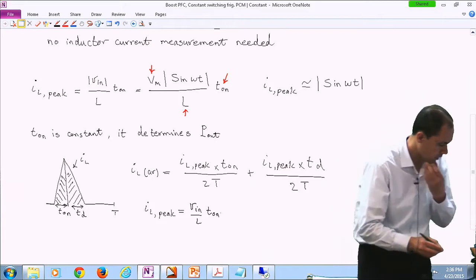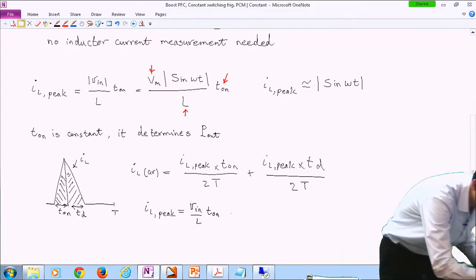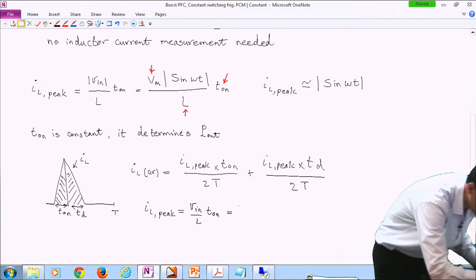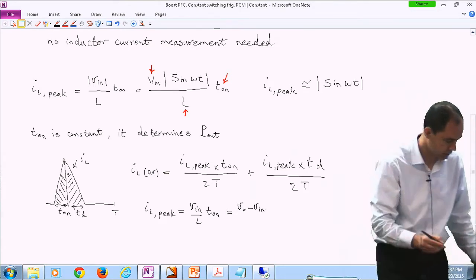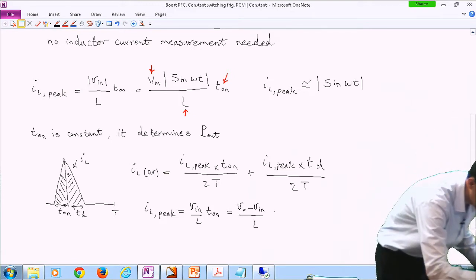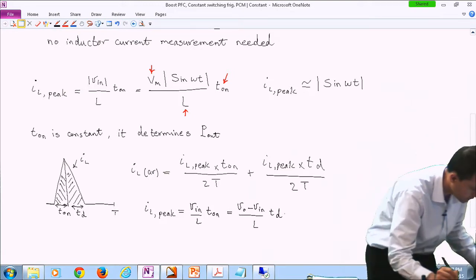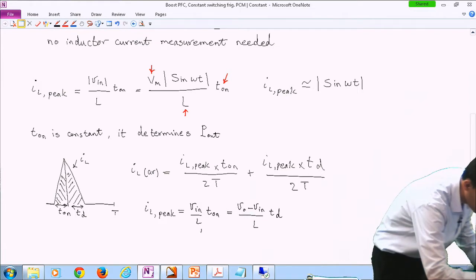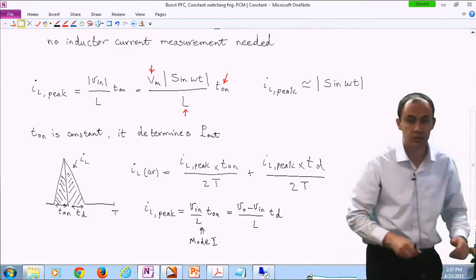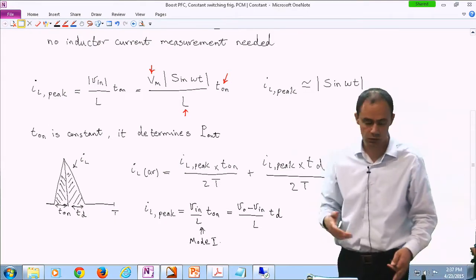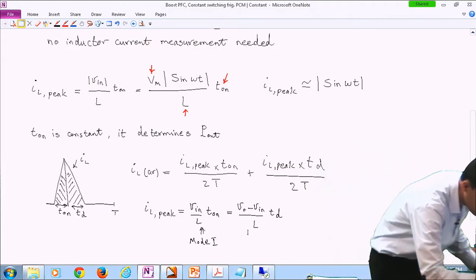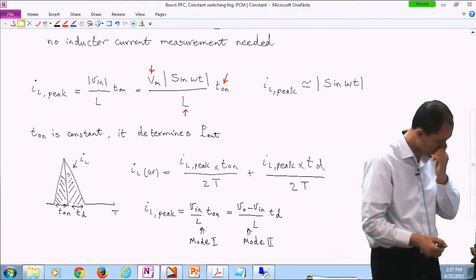At the same time, if you look at the second mode of the boost operation, it is the output voltage minus the input voltage when the diode is conducting divided by L times T_D. So this is looking at mode 1, when the inductor is being charged or energized by the source and the switch is on, and this is mode 2, when the inductor is being de-energized through the diode and delivering energy to the load.